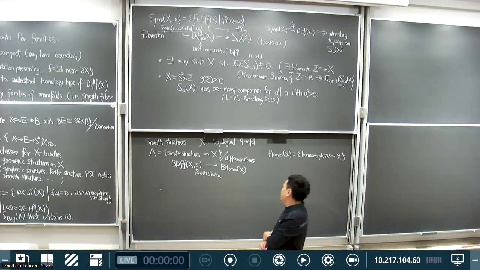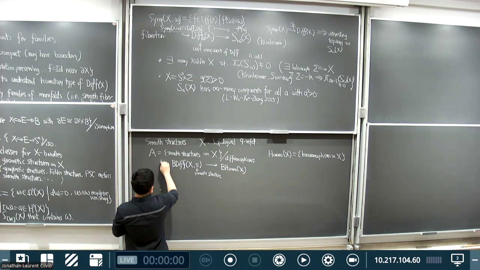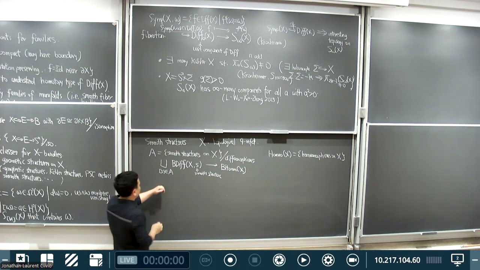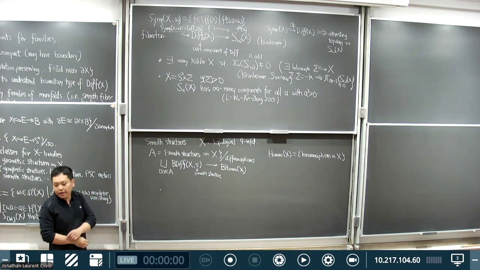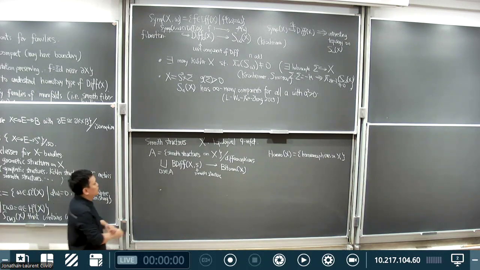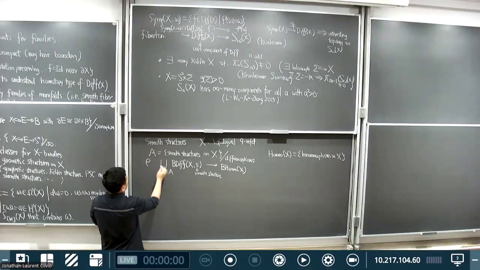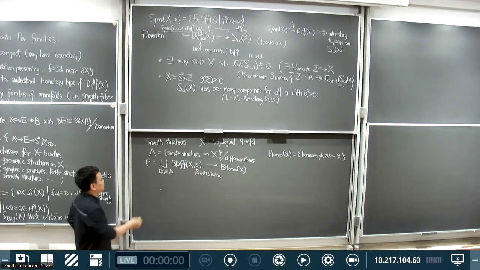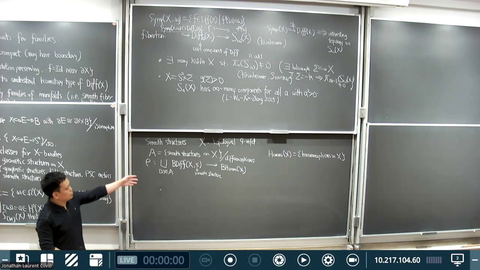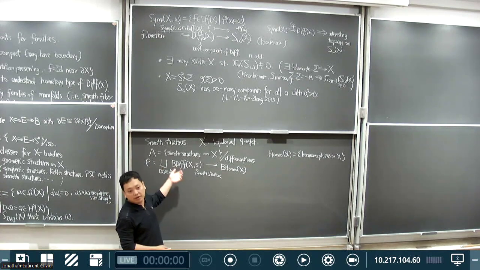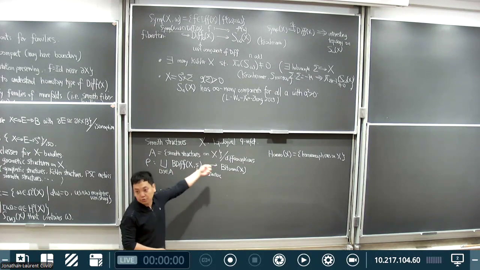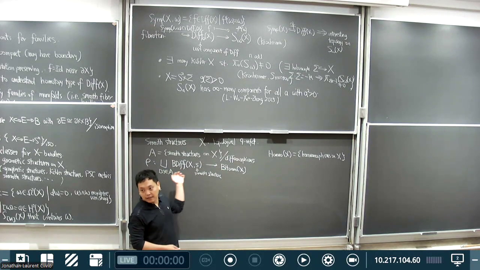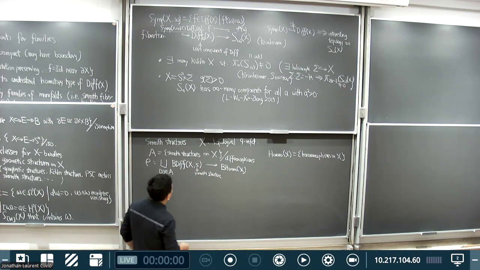Now we want to take one representative in each equivalence class. Then we can consider this forgetful map, let me denote it rho, from the smooth moduli space to the topological one.